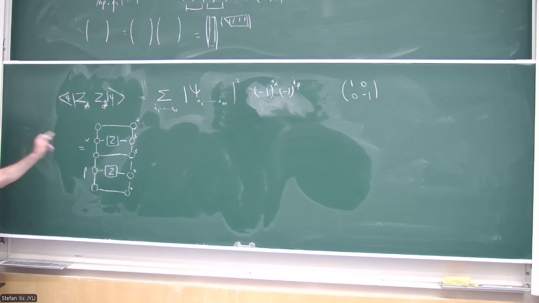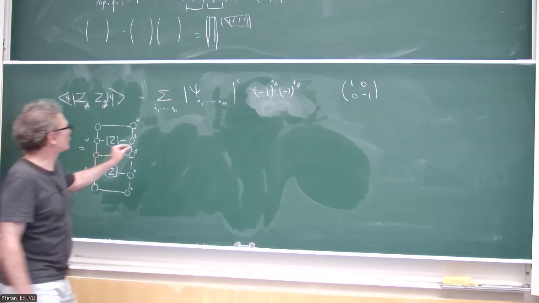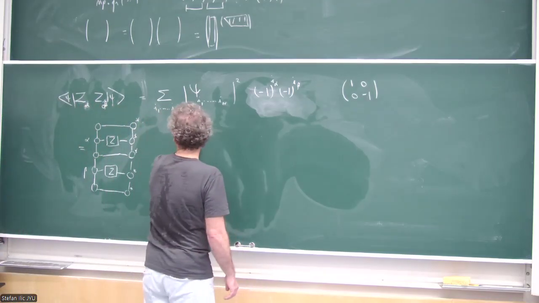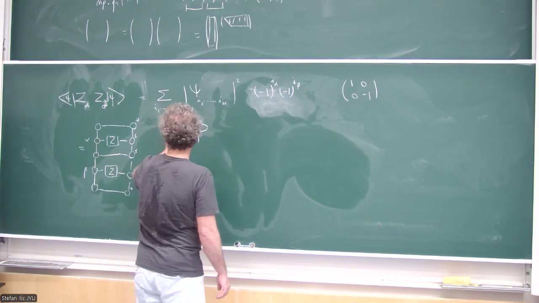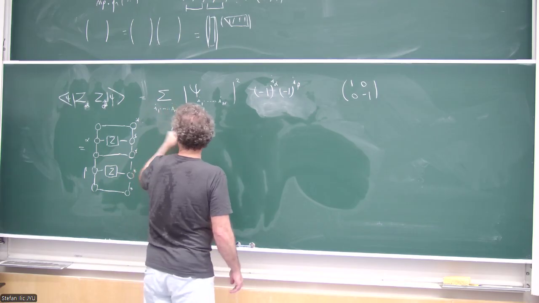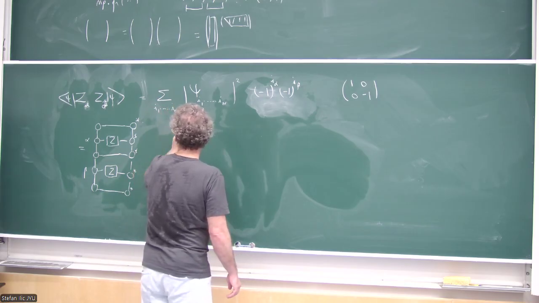So to contract this, I think we did it already when I explained how to contract tensor networks. You need to do it from top to bottom or bottom to top, but definitely not from left to right. So you just contract this like this, and then you add this one, contract, you get something like this.